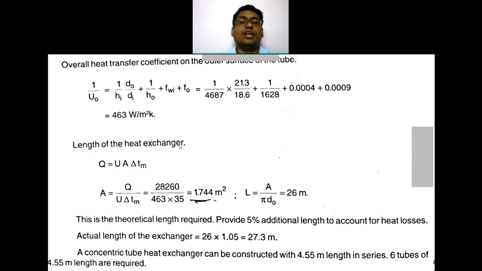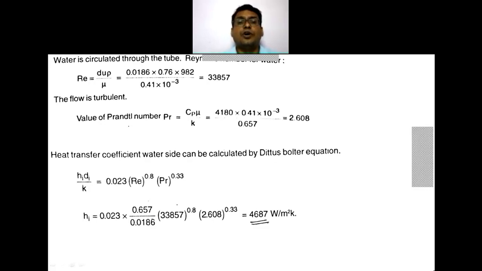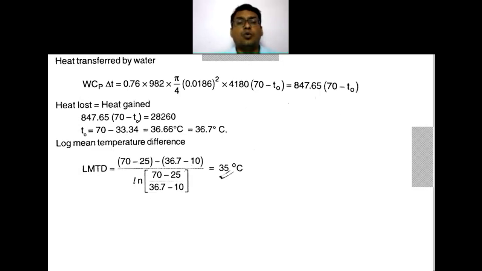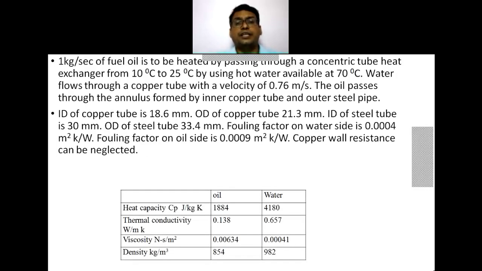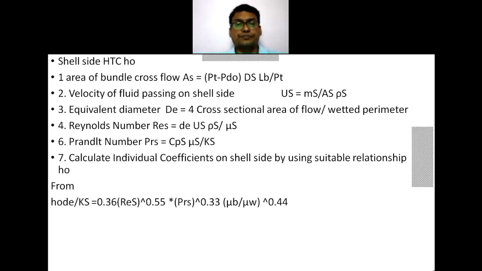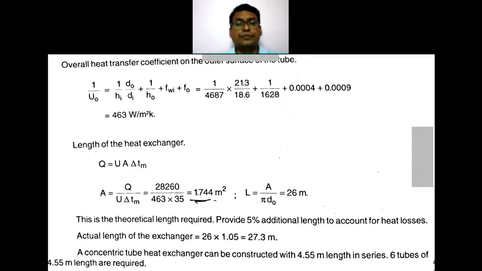Then the length of the heat exchanger: Q is equal to U A delta T_m. Q is already calculated for the fluid to be cooled from 10 degrees Celsius to 25 degrees Celsius, and U that is calculated is 463, with log mean temperature difference of 35.